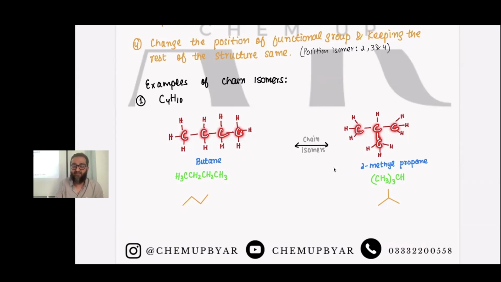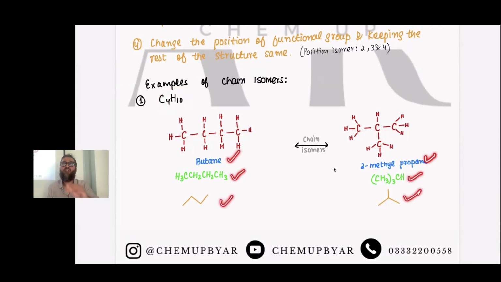That is the second structure of C4H10. I cannot make any other branch, and I cannot change the position of this branch either. So C4H10 has only these two isomers. Then you can see their names, their structural formulas, and their skeletal formulas. Is this clear?